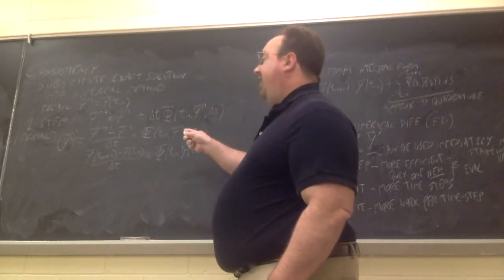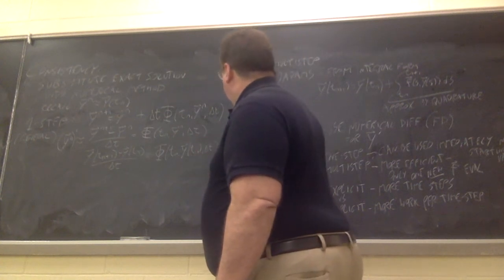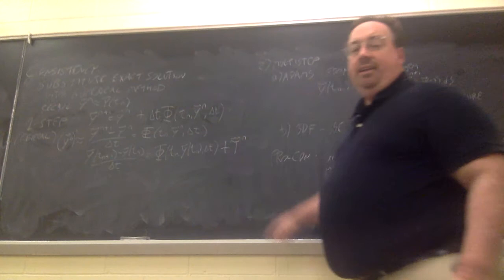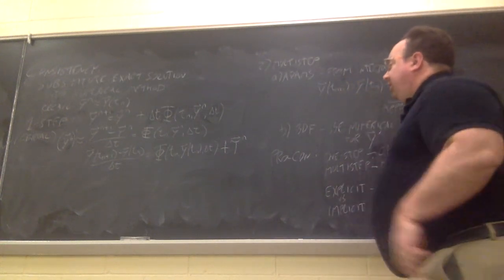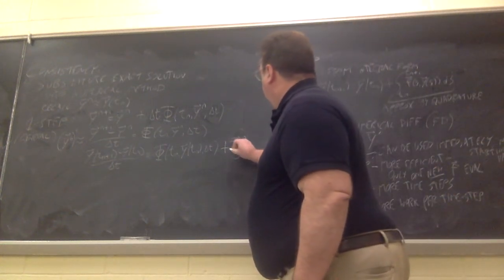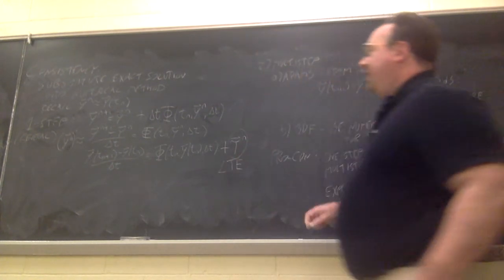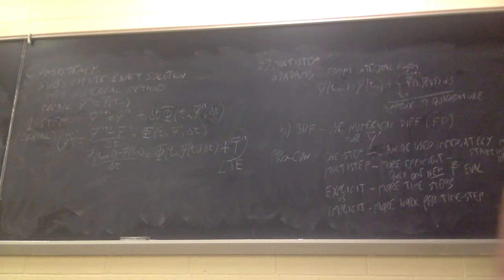And since it will not satisfy this exactly, there will be something left over, which I'll call tau_n. So what is this? This is the LTE. Does anyone remember what LTE stands for? Very good. Local truncation error. So exact same meaning, pretty much, as when we saw this before with Poisson's equation.